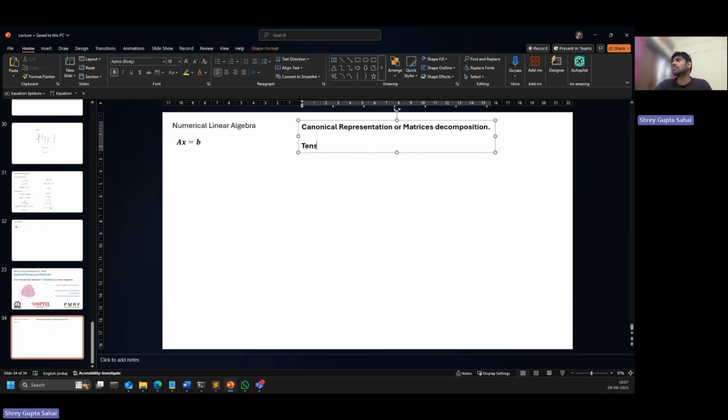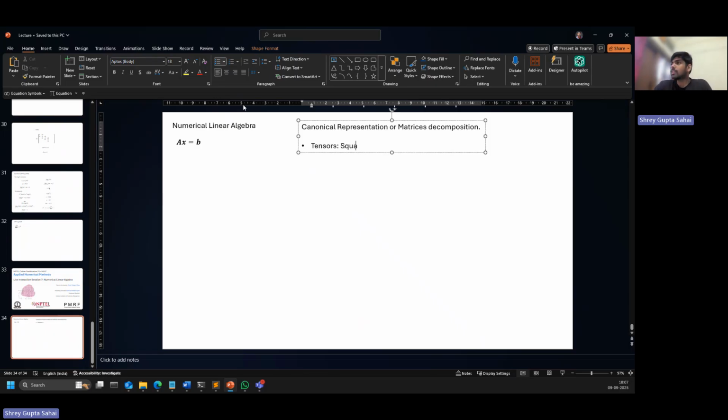So tensors is something that one can look at, and tensors are actually a subset of matrices.